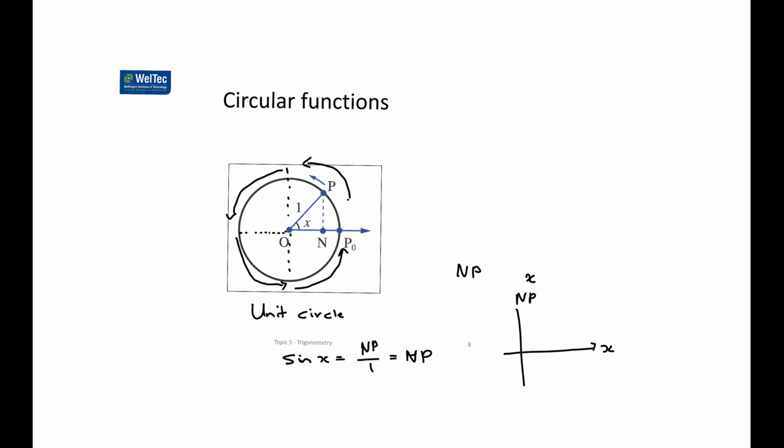Because when we start at the beginning there, the height, NP, is actually 0 because it's sitting on it. So we're starting at 0, and that's what we're getting there. And this height is 1 because it's the radius of this particular circle. Now we've just chosen that. We've chosen the radius to be 1 because it means we don't have to worry about the bottom line there.